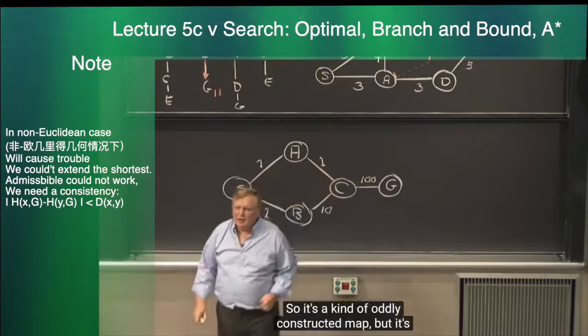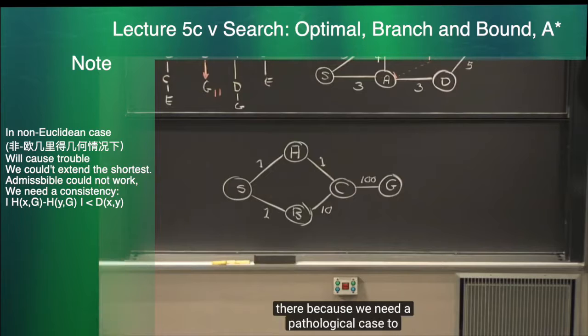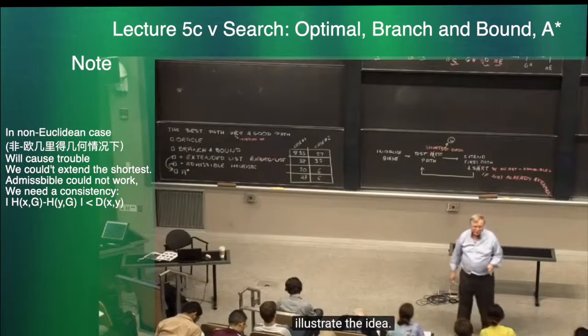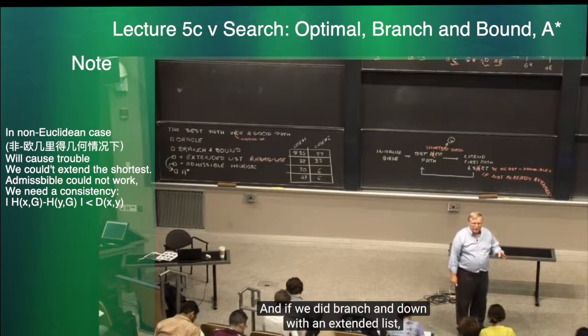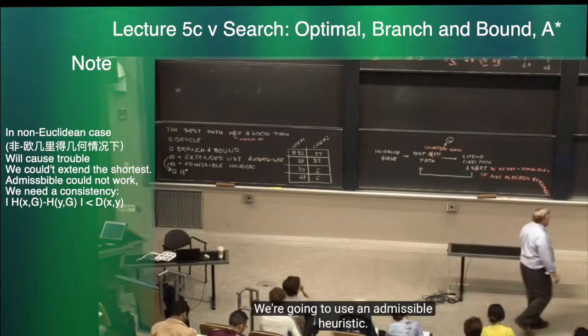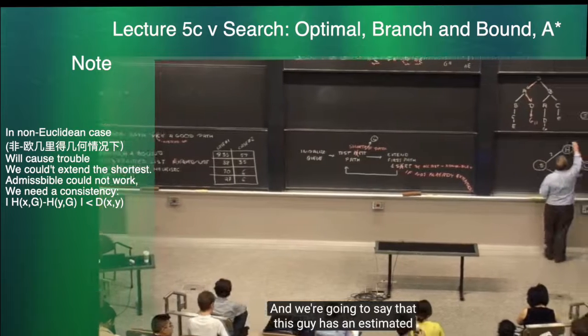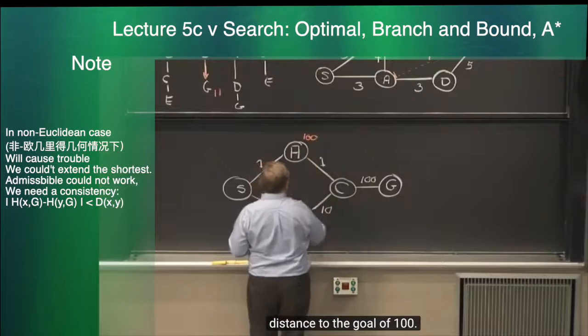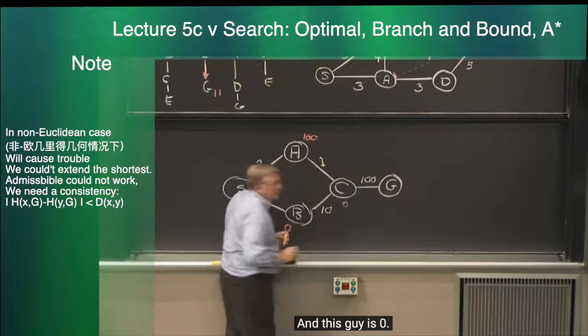So it's a kind of oddly constructed map, but it's there because we need a pathological case to illustrate the idea. Now that's the actual distances, and if we did branch and bound with an extended list, everything would work just fine. But we're not. We're going to use an admissible heuristic, and we're going to say that this guy has an estimated distance to the goal of 100, this guy is 0, and this guy is 0.